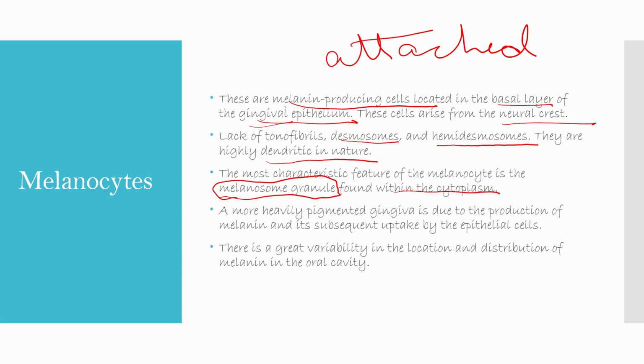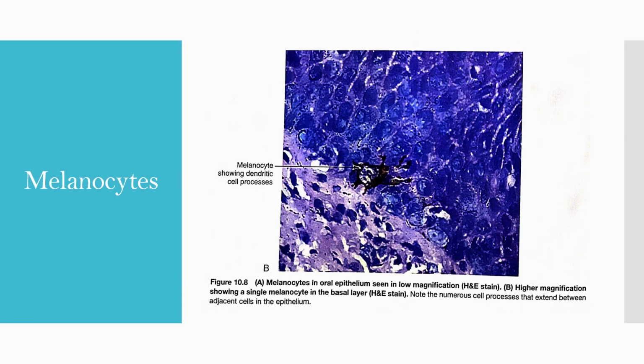A more heavily pigmented gingiva is due to the production of melanin and its subsequent uptake by the epithelial cells. There is great variability in the location and distribution of melanin in the oral cavity. These are the melanocytes with dendritic processes. As you can see, these are the dendritic projections of the cytoplasm.